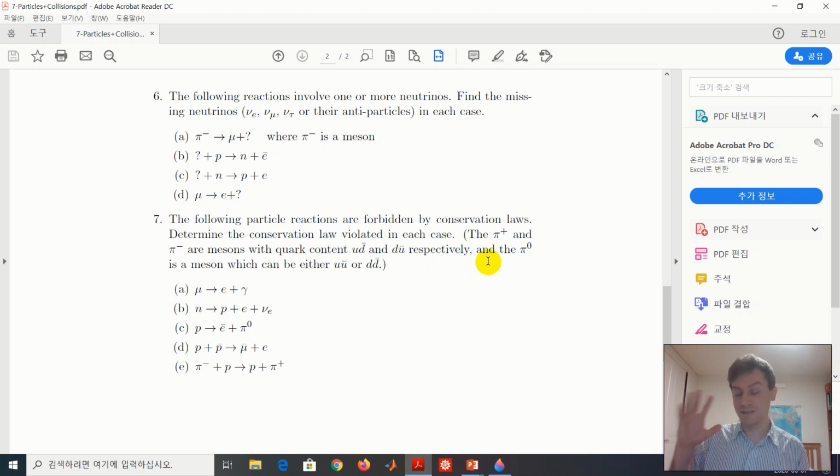So I don't expect you to memorize that a proton is 2 up quarks and a down quark, and a neutron is 2 down quarks and an up quark. That kind of information I would give you in an exam, just like I give it in the worksheet question here. But what I do expect you to do is to be able to answer these kind of particle interactions here. Okay, so to say what the conservation laws are, to say whether the conservation law is obeyed or not.